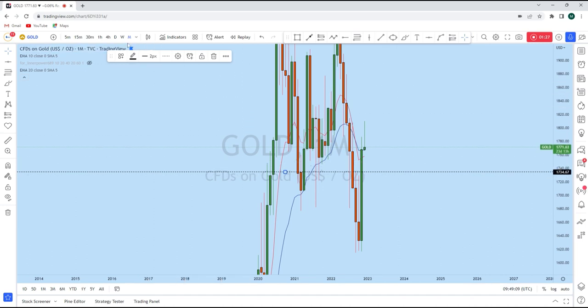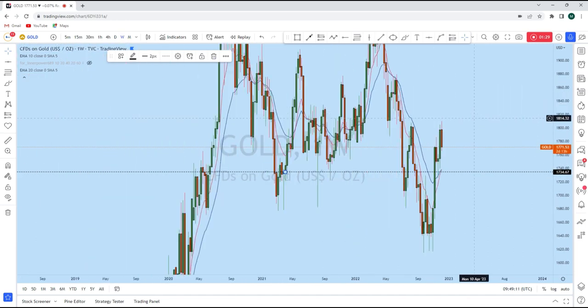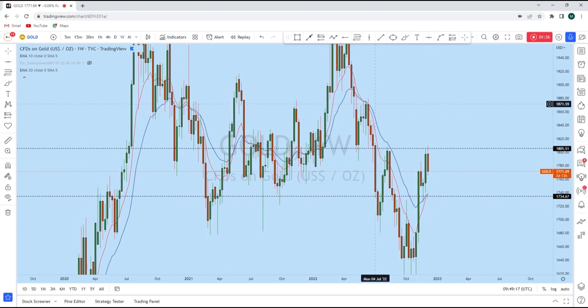Now, if we look at the weekly perspective, there is something significant to look at. First of all, this is a very important support turned resistance here. If you look closely, this is the Doji on the weekly perspective that has an element of false breakout of the swing high, came back here and created this support which is turning resistance.